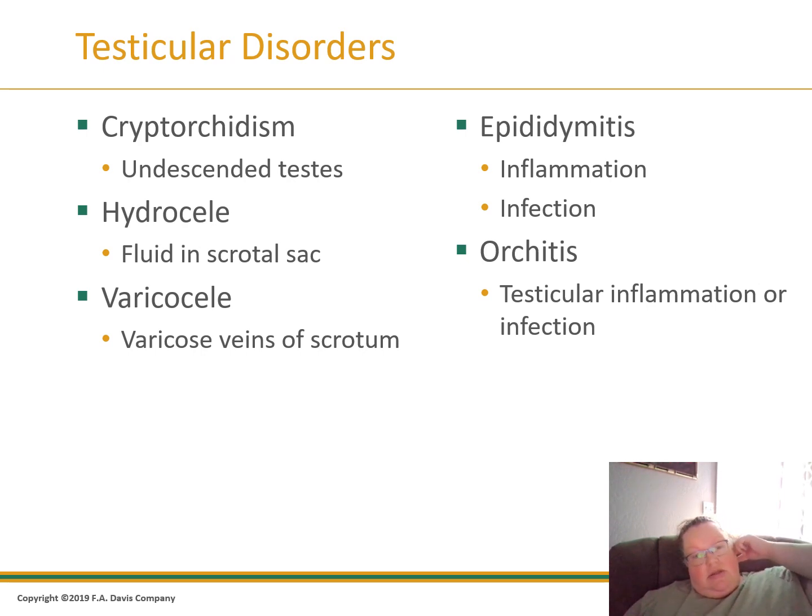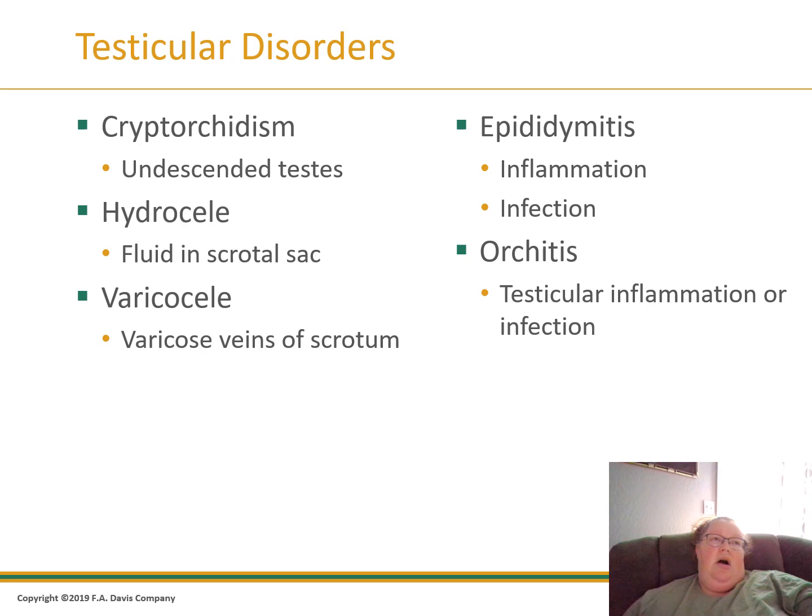Testicular disorders: cryptorchidism is undescended testes. Sometimes young boys are born with the testicles still up high, basically. They might drop on their own or they may not. We may have to surgically go in and release them down. Hydrocele is fluid in the scrotal sac.